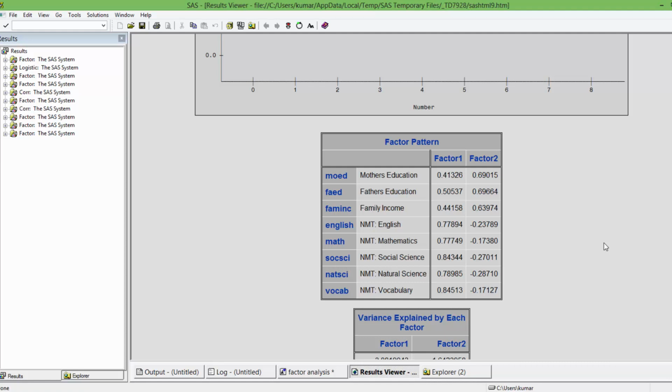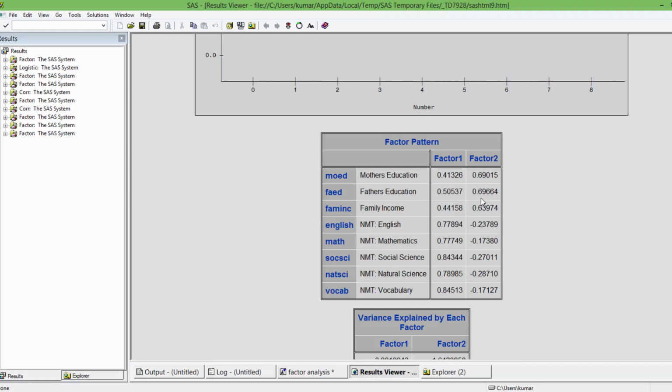Rotation is a method using which we can discriminate between the factor loadings better. What do I mean by that? Well, the factor loading for the variable father's education is 0.5 for factor 1 and 0.6 for factor 2. There is not much of a difference between them.